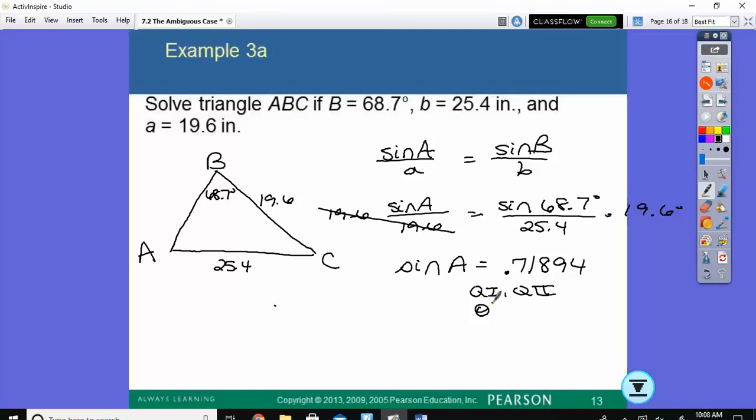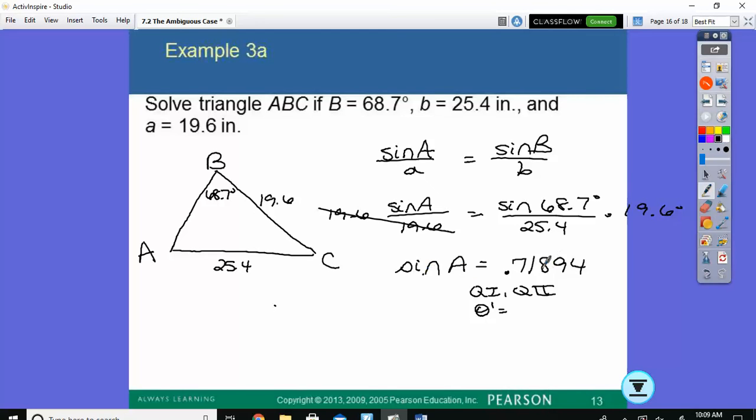How do we get the reference angle? We did it on the last test. What do we do? We did it on the last example even. Yeah, use your calculator. Use the inverse.